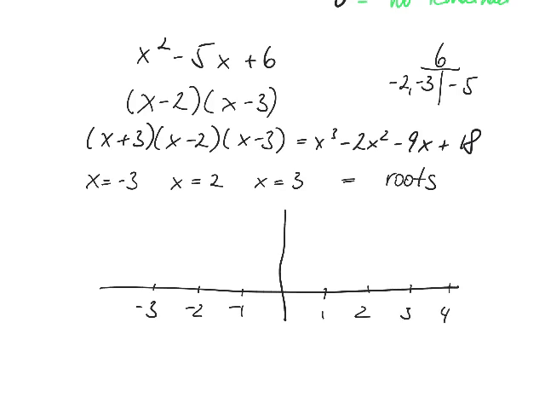So on these points, minus 3 and 2 and 3, the graph would cross the x-axis, so that would look about like this. Okay, so not very well drawn, but at these points the graph would cross the x-axis.